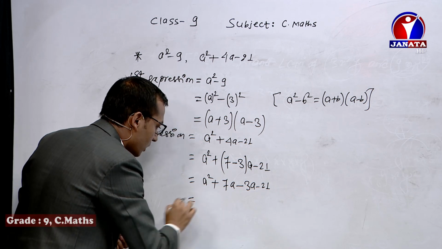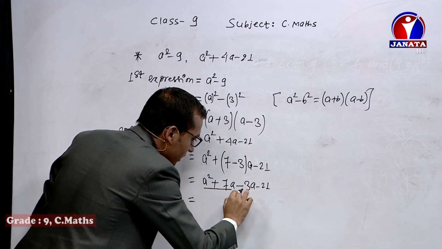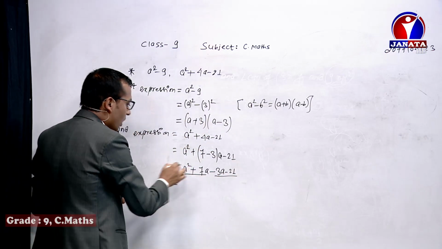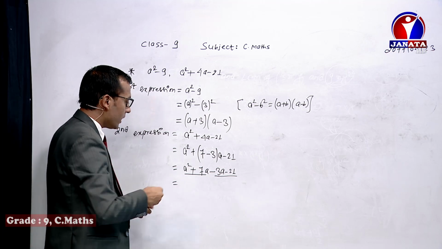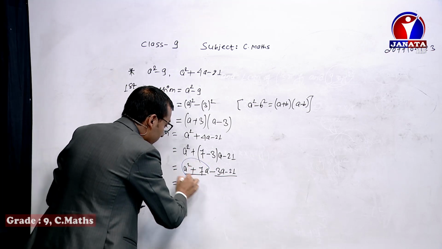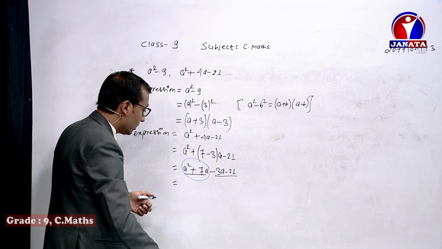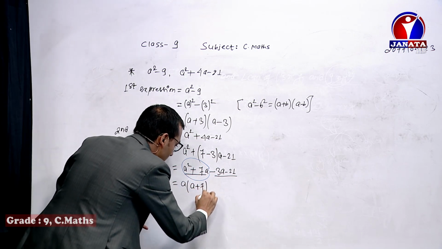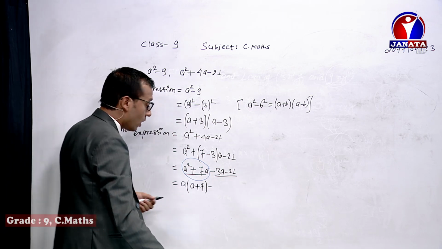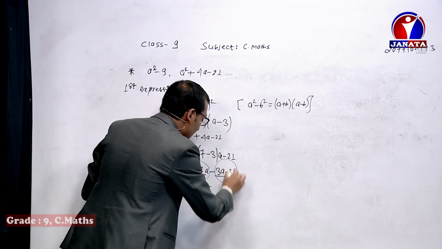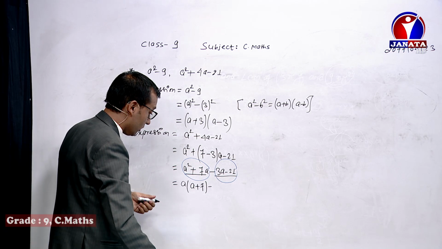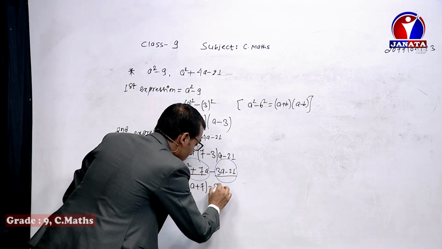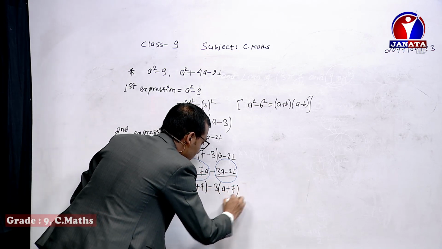We can take common from the first two terms and then the next two terms. What is common from a square plus 7a? The common factor is a, so a times a plus 7, minus, what is common from 3a and 21? So 3 is common, 3 times a plus 7.